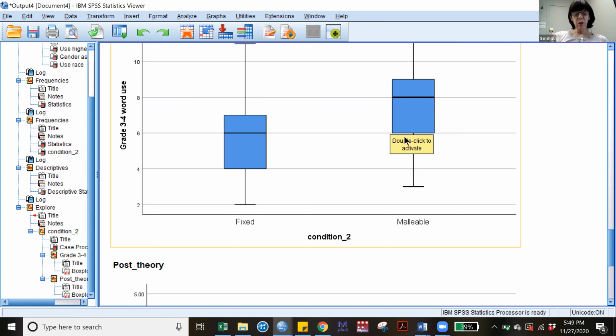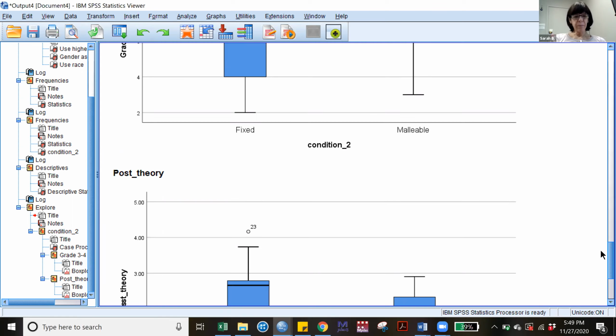Distribution looks a little skewed. And so does this distribution, looks a little skewed. The fixed group median is 6. So the malleable group definitely tends to be using more words. Our question is, is it a statistically significant non-chance difference? But descriptively, they definitely are.